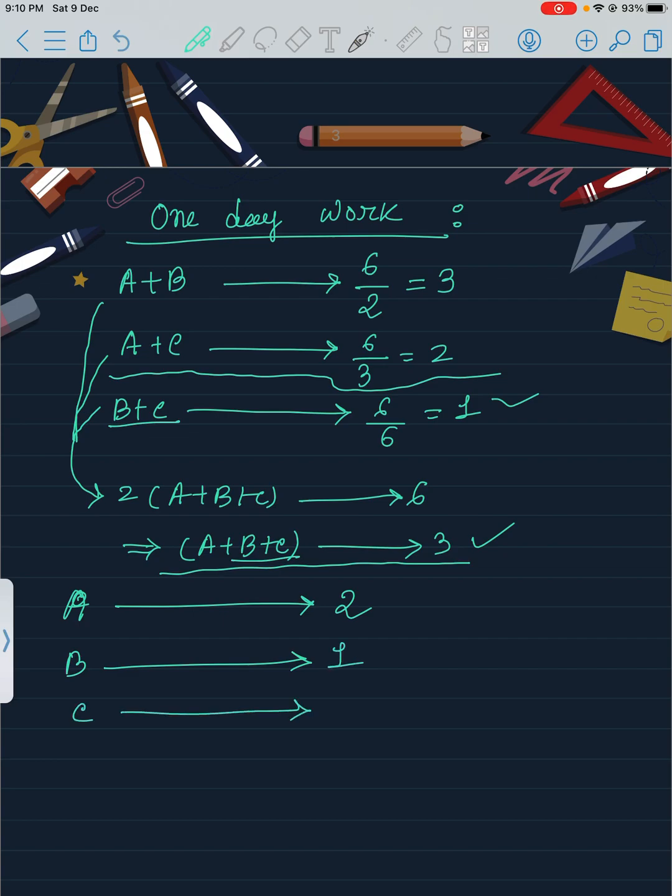C's one day work: this one minus A plus B. 3 minus 3 is 0.